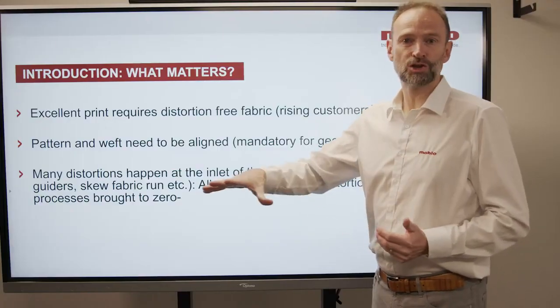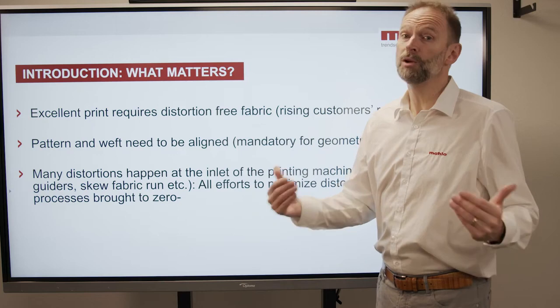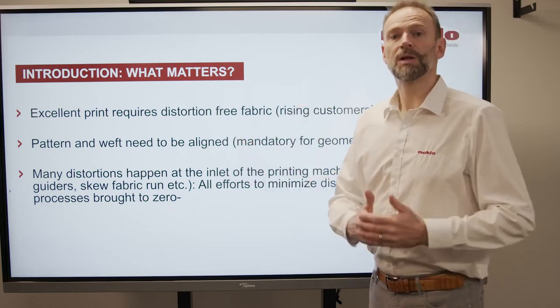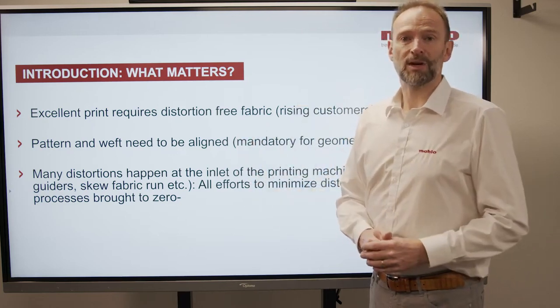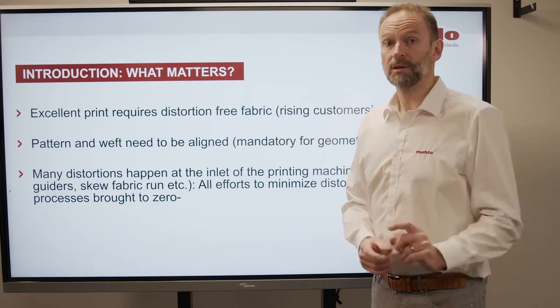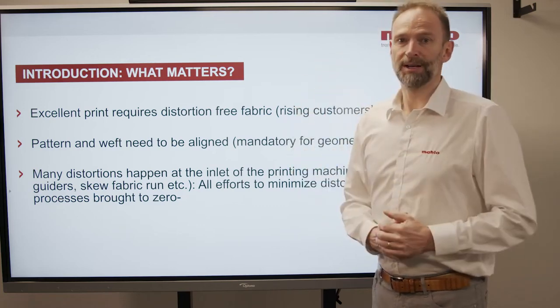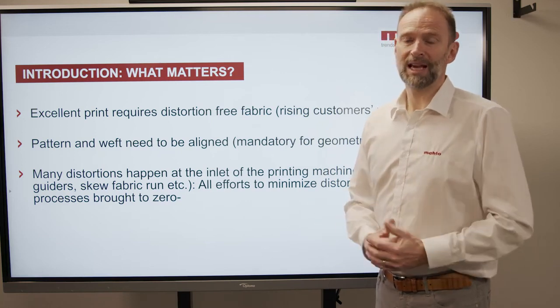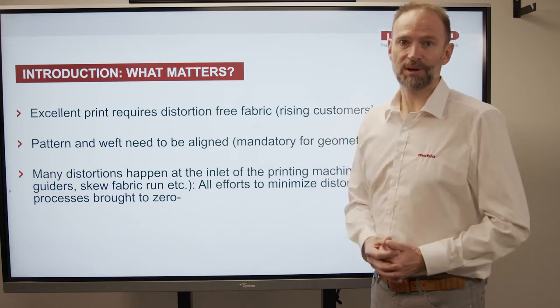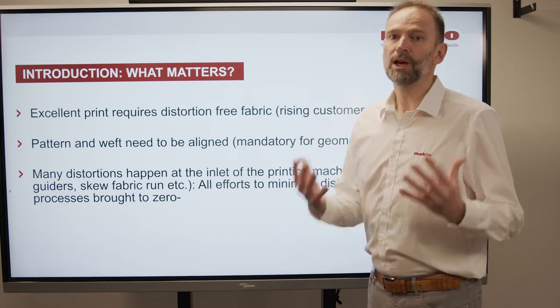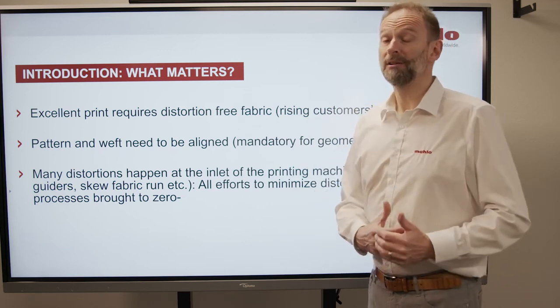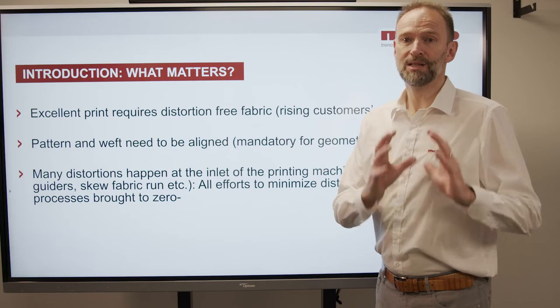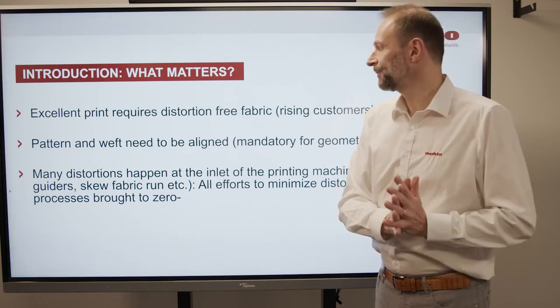If you print straight on a skewed fabric, you will have a skewed print once the fabric is straightened. So this is something you have to avoid before printing. Our suggestion would be do it at the standard before the printing in a good way, and then you have already made a very good start to really secure a proper printing.